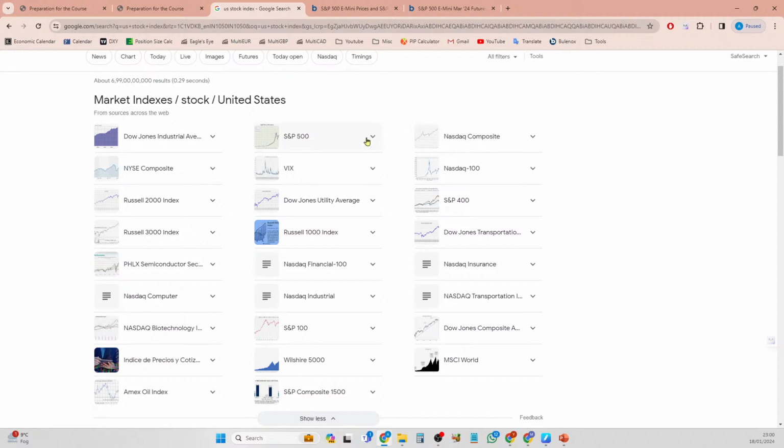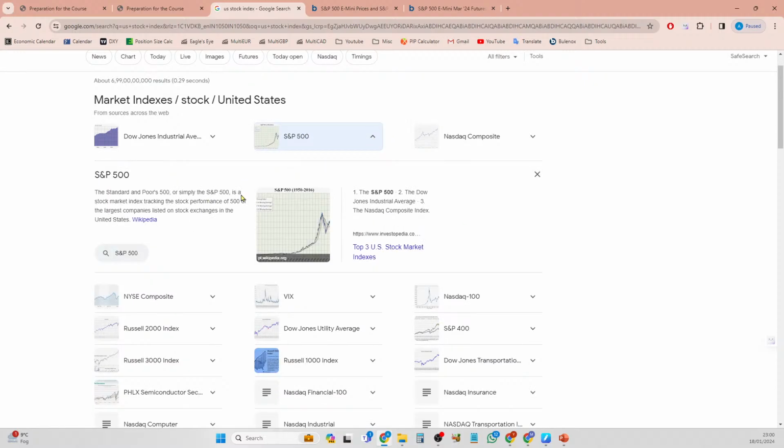S&P 500, while over here it is just an index, cannot be traded. You have to use a derivative of this index to actually trade it. So you cannot just buy S&P 500. You'll have to buy a contract of S&P 500. So that comes in the futures market.